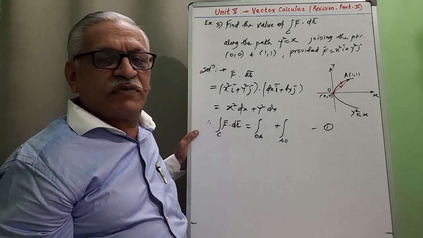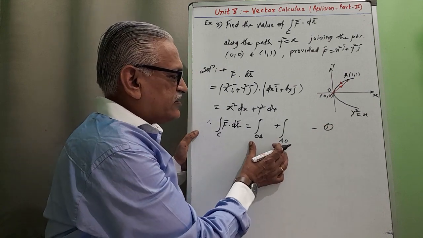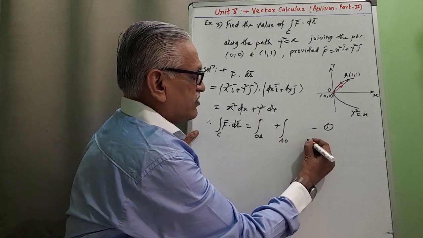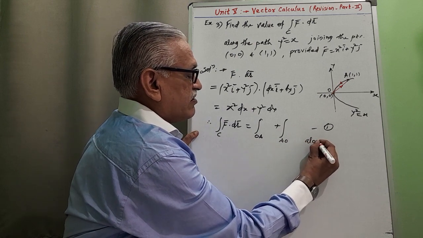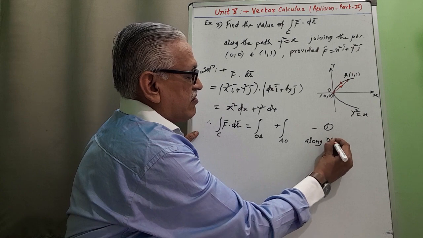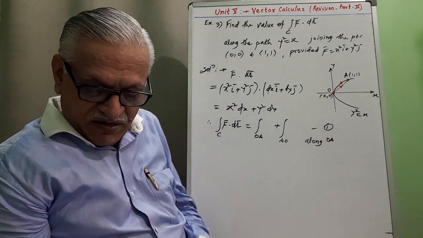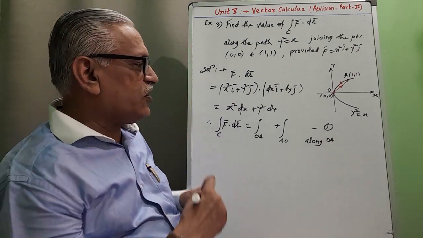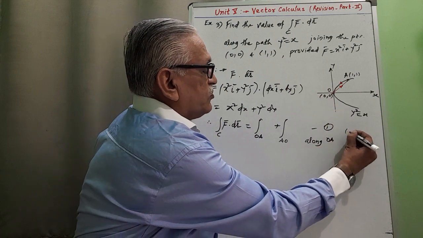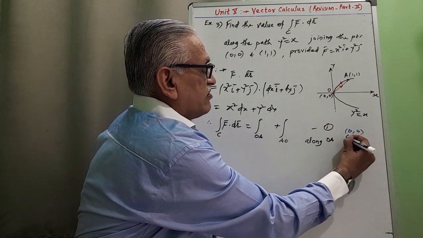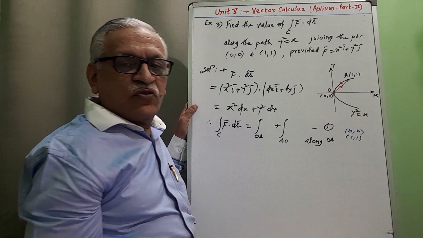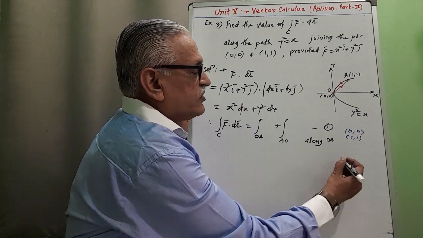Then we determine the value of these two line integrals separately. Along OA, that is a straight line joining the points (0, 0) and (1, 1), passing through the origin, its equation is y equal to mx.